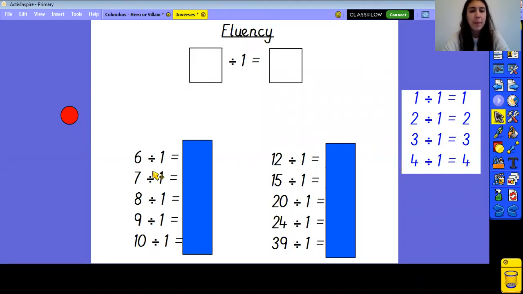So all these numbers are being divided by 1. So that means that our answer is going to be the same as the whole number that we're starting with.